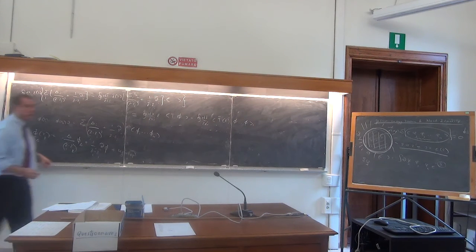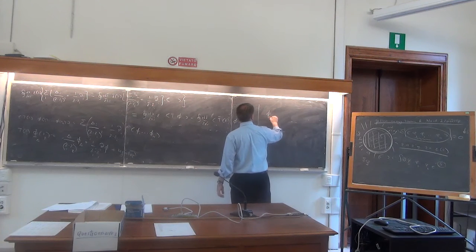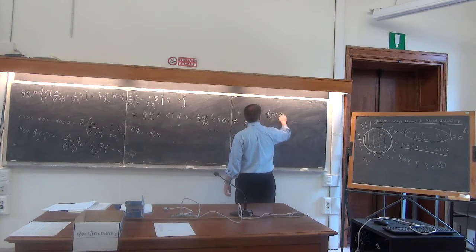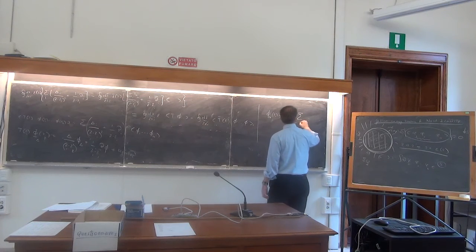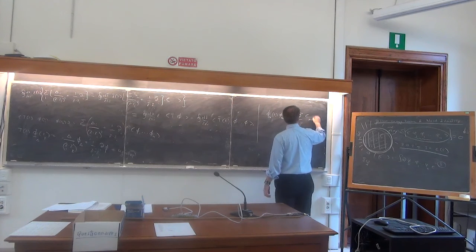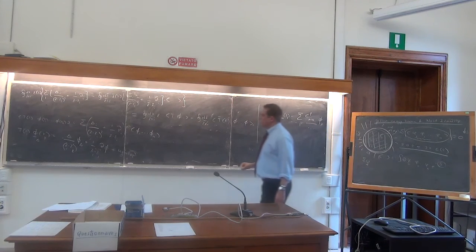Remember the general form. The general form was scaling field phi_n at z1, phi_m at z2, is equal to the sum of C_nm^p.